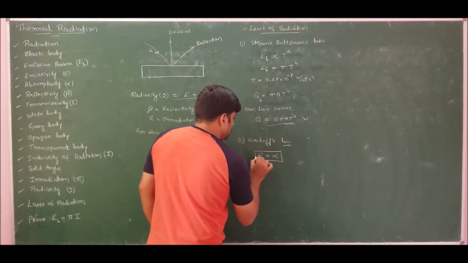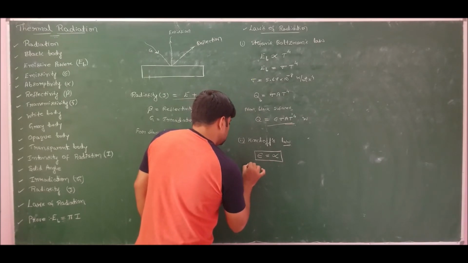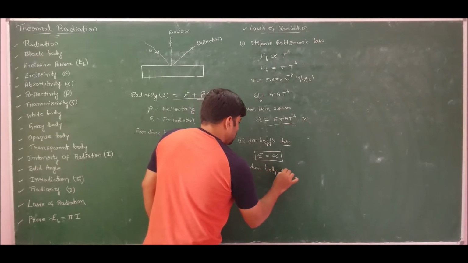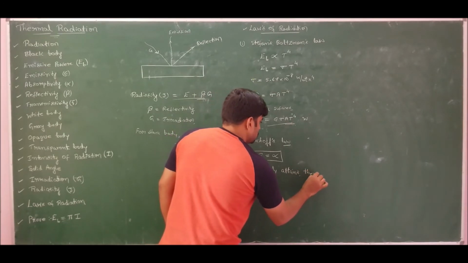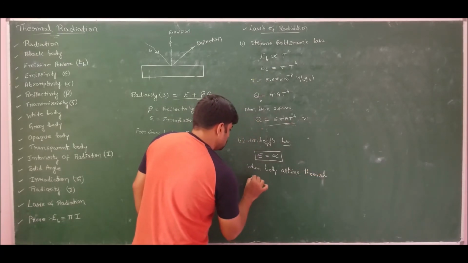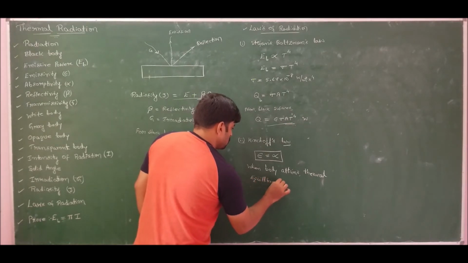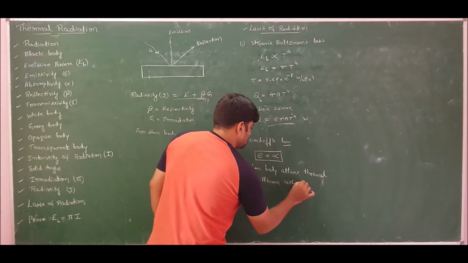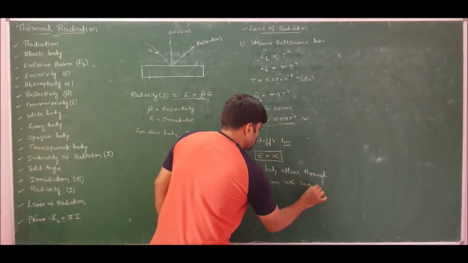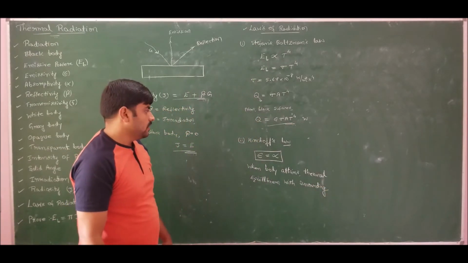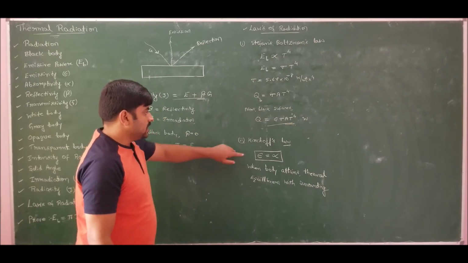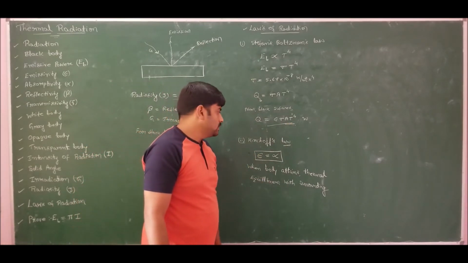Emissivity is equal to absorptivity when a body attains thermal equilibrium with surrounding. This is about Kirchhoff's law of radiation.